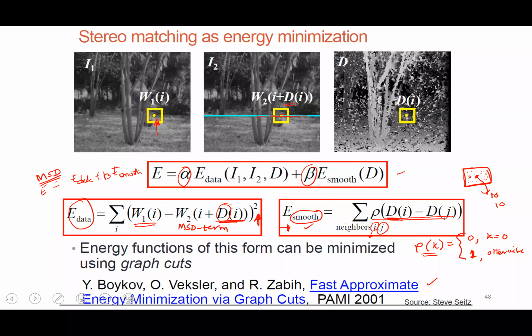Is this clear? This is very important stuff. The formulation of energy, at least that has to be clear, although we will not be going into how you solve it. The second term requires knowing disparities. The first term, only when you solve it, you know the disparities, but you have to solve both the terms together. That's the challenge here.